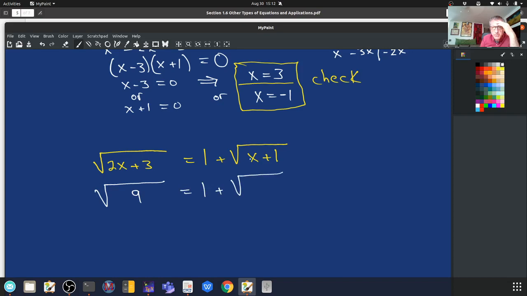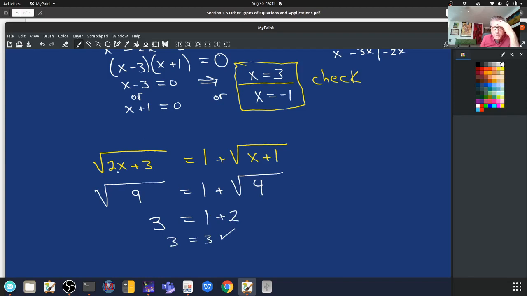And this is the square root of 3 plus 1, which is 4. So the square root of 9, remember there is no negative here, so it's the positive root, is 3. And the square root of 4 is 2. So 3 is equal to 3, so that one checks.